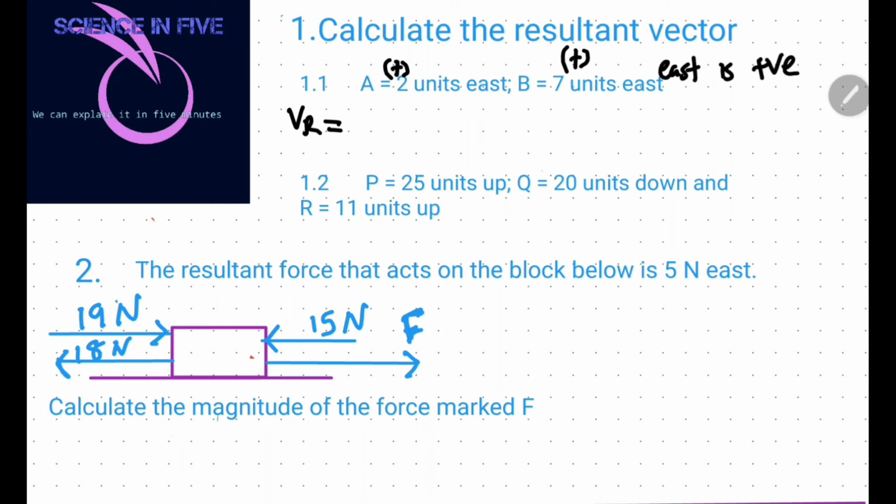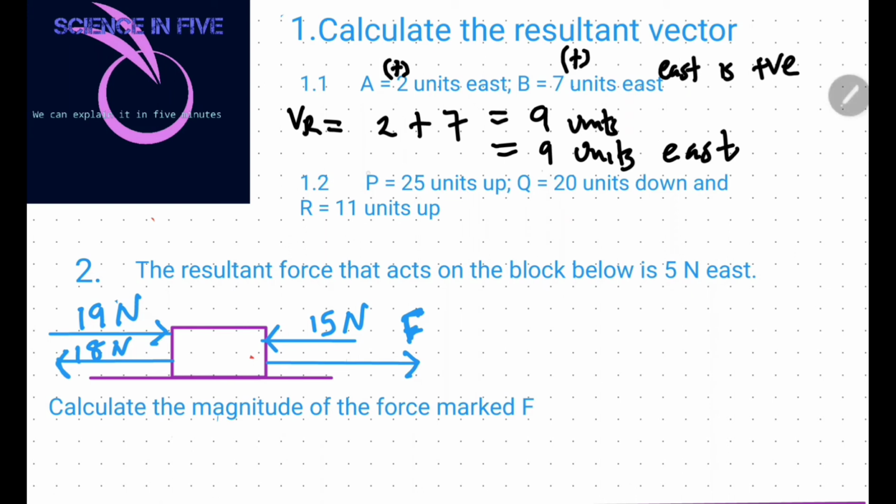So if east is positive, VR, my resultant vector, is going to be 2 plus 7 to give me 9 units. So this is a positive 9, and we know that the positive direction is the eastern direction. So this is 9 units east.